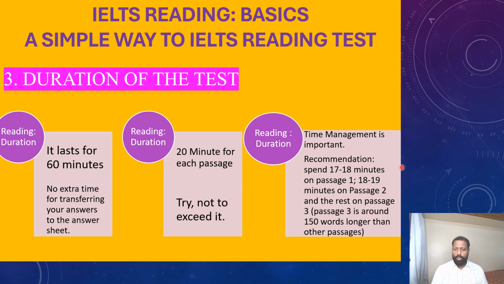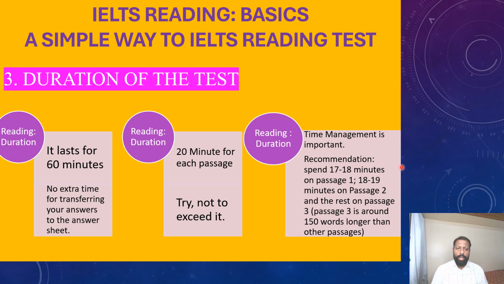Whereas passage 2 also has almost 800 words. Here you can spend maybe around 18 to 19 minutes because it's slightly tougher than reading passage 1. However, passage 3 is around 150 words longer than the other passages.